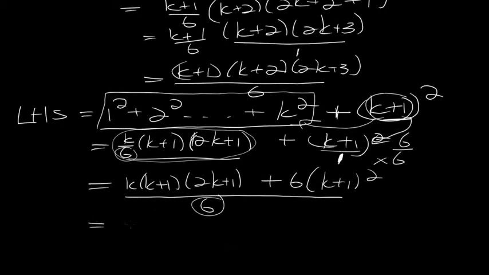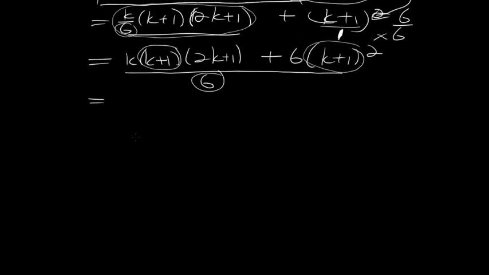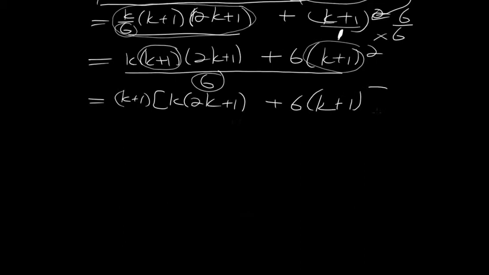Now we can simplify the top one, and here you must be careful not to create too much work for yourself. You can take a (k plus 1) out there and there. So let's factorize that. I'm going to take (k plus 1) out, and I end with k (2k plus 1) plus 6 (k plus 1), and you close the brackets.